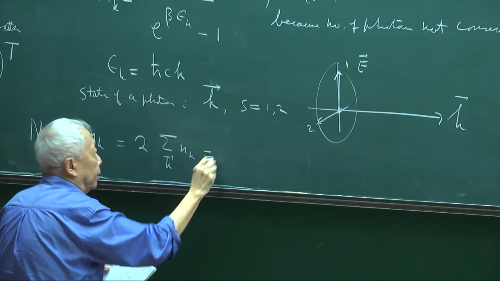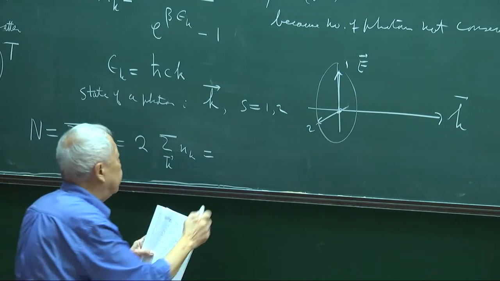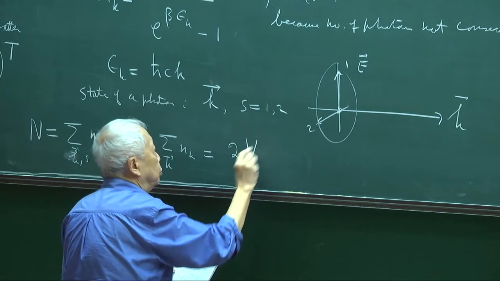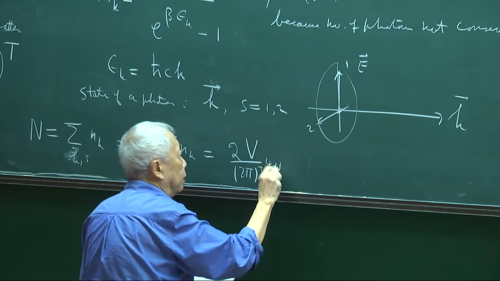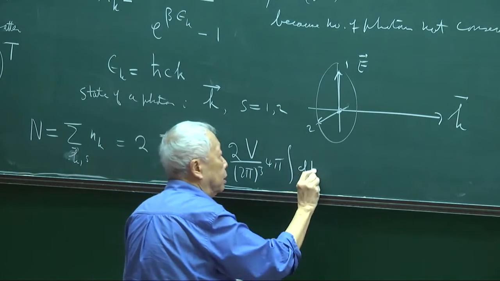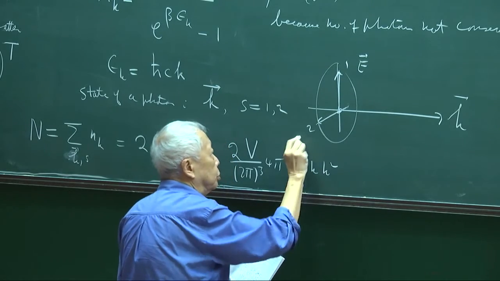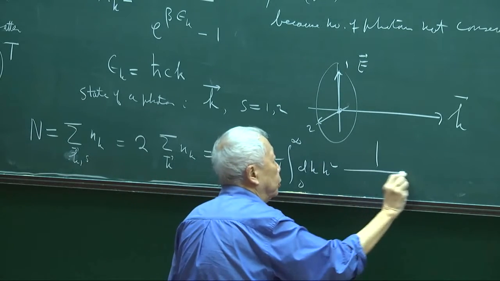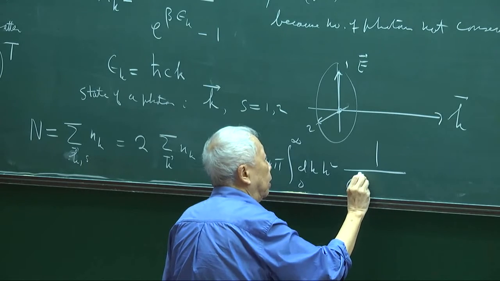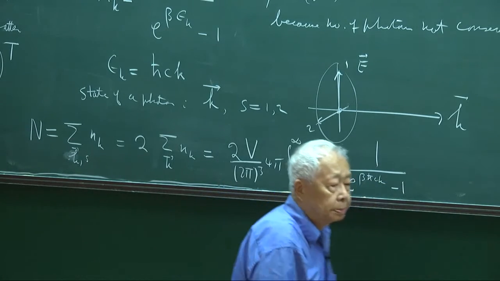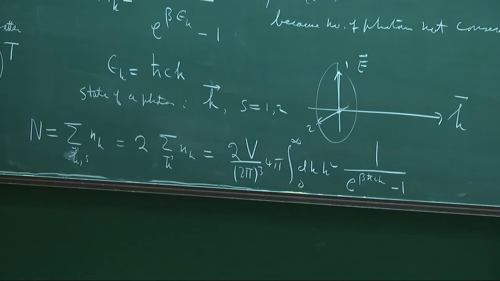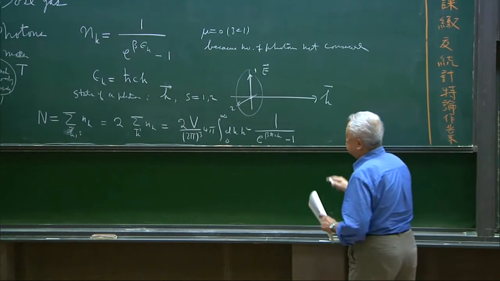And in the limit of large volume, this becomes 2V over (2 pi) cubed, 4 pi integral dk k squared from 0 to infinity of 1 over e to the beta h bar ck minus 1. And you can easily do this integral.